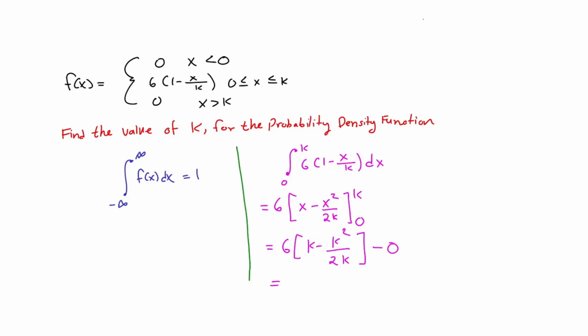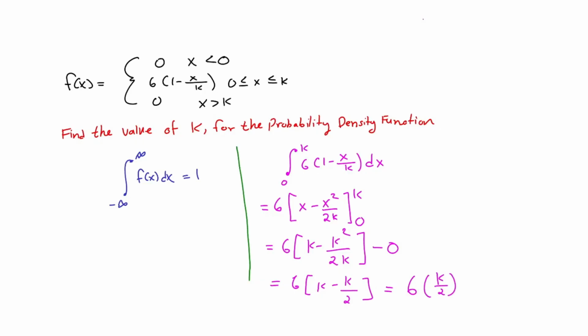So this is going to be equal to, if we simplify it further, we're going to get the 6, and then we're going to get k minus k over 2 when we simplify it. Okay, and so this is going to be equal to 6 times k over 2.